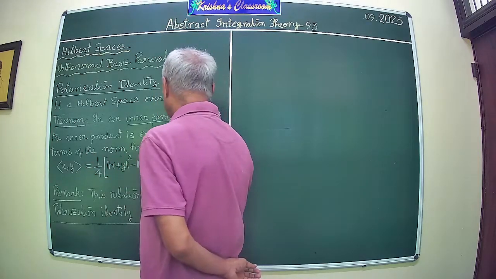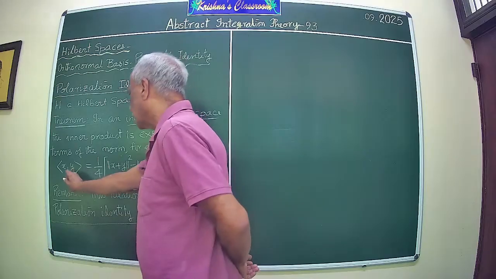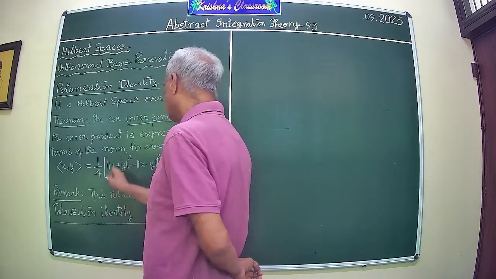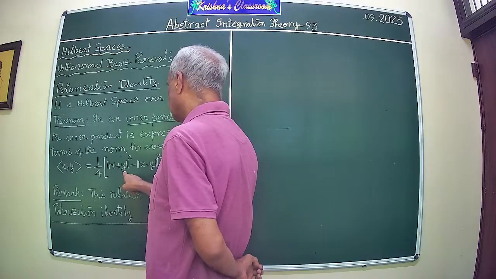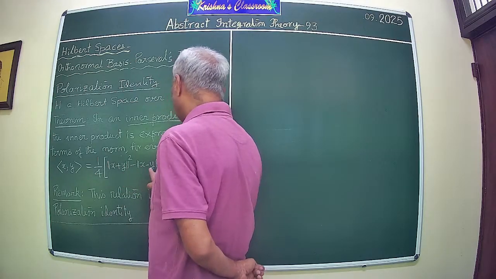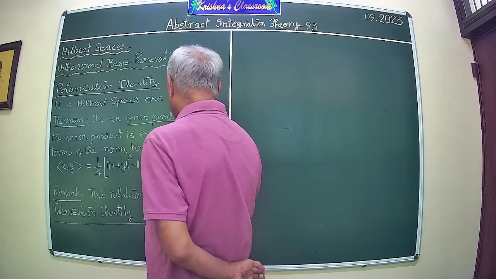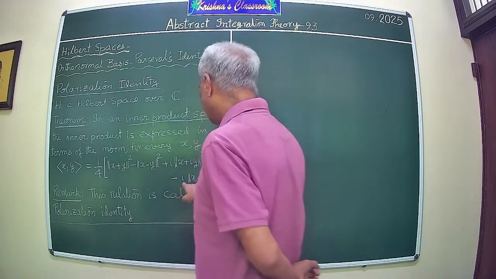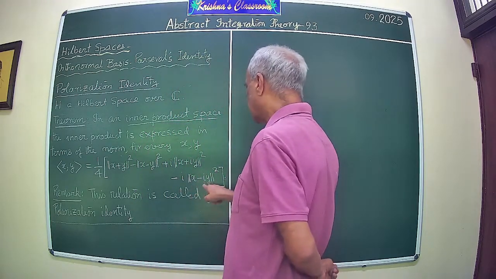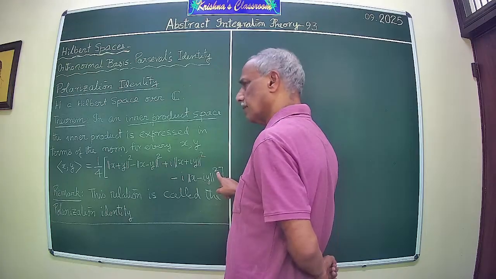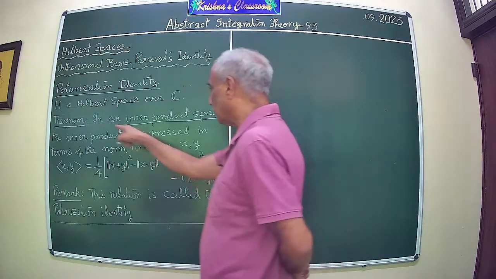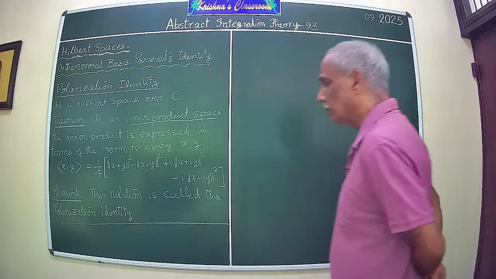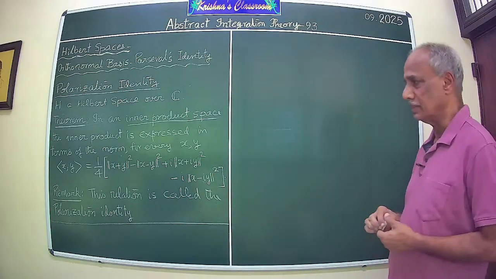For every x and y, the inner product of x, y is equal to 1/4 of norm of x plus y whole square minus norm of x minus y whole square plus i times norm of x plus iy whole square minus i times norm of x minus iy whole square. This particular relation is what you call the polarization identity.